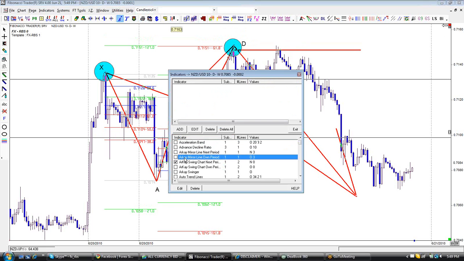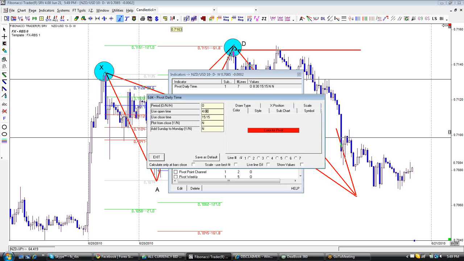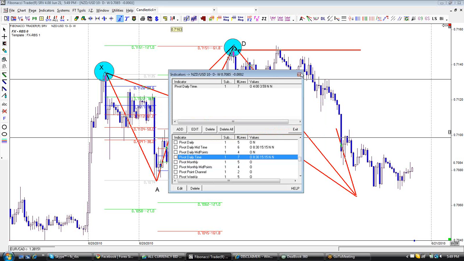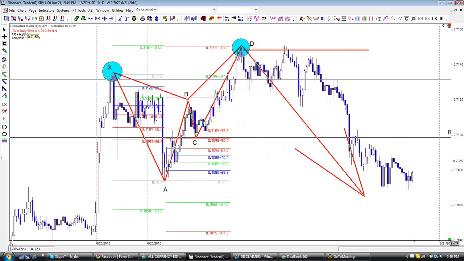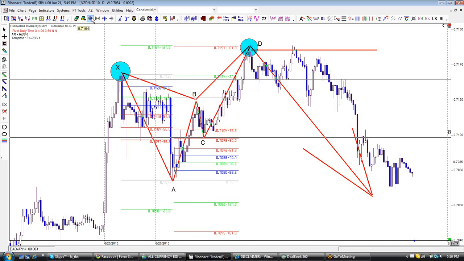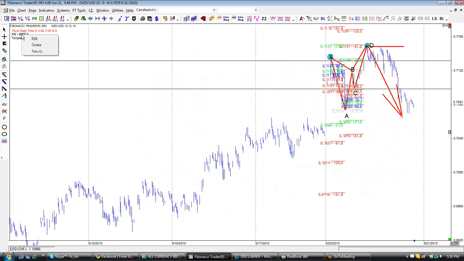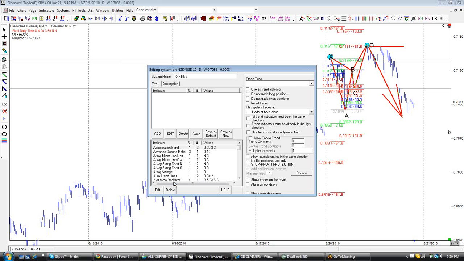What else can we do? We can place pivot lines. We go to the daily pivot. Just give me a second.